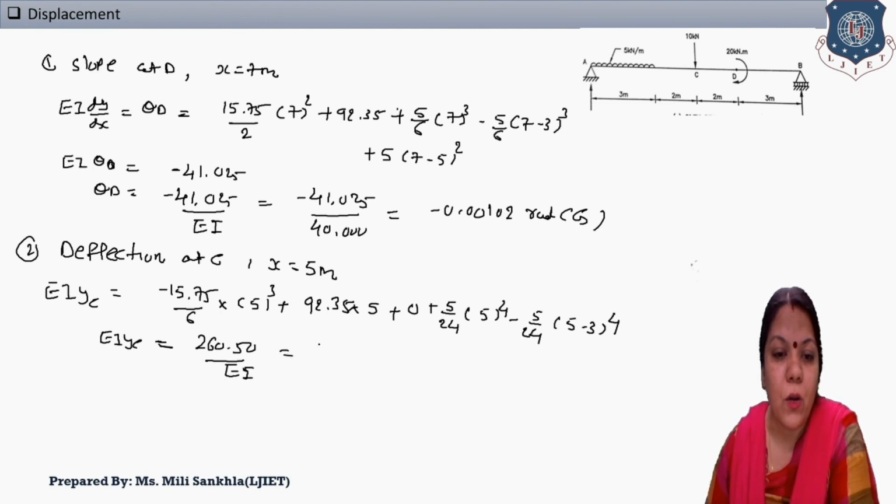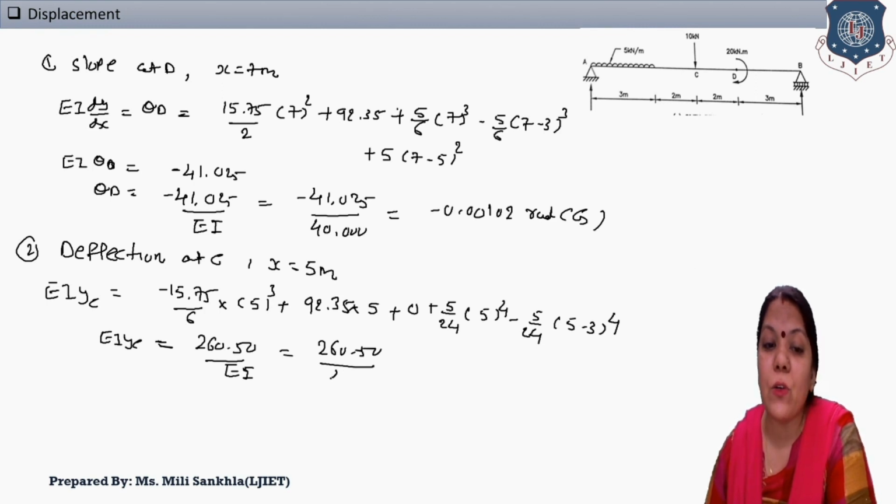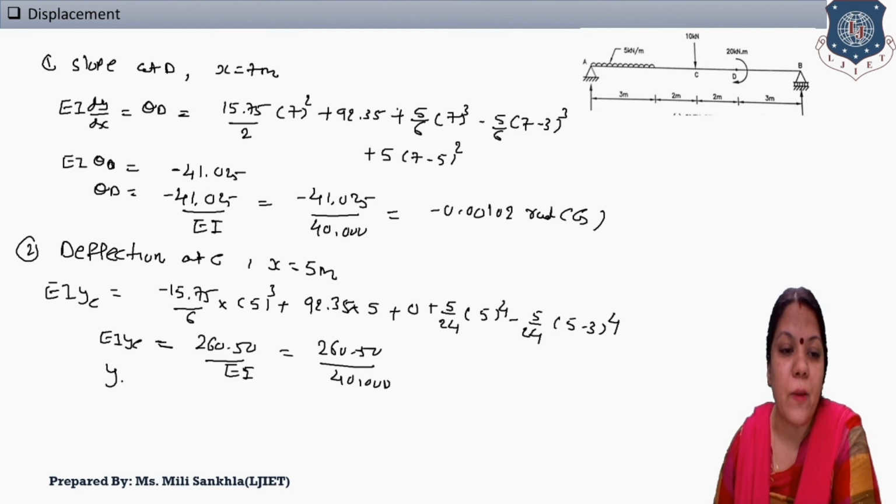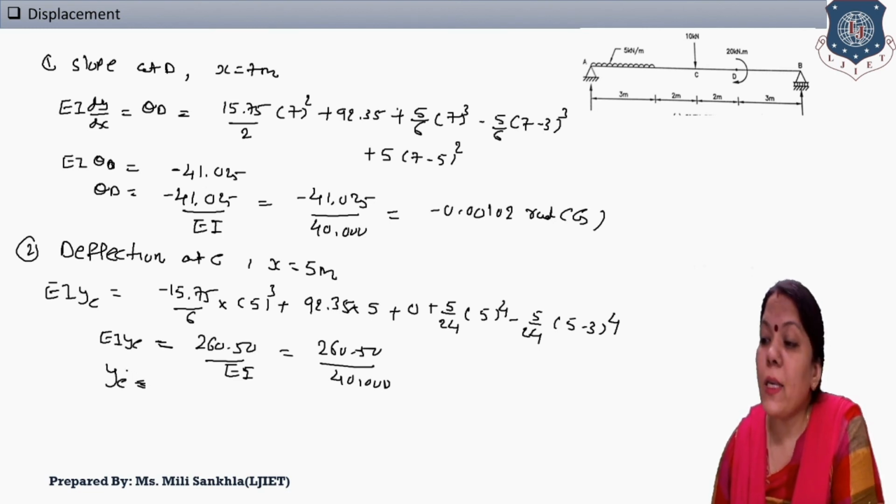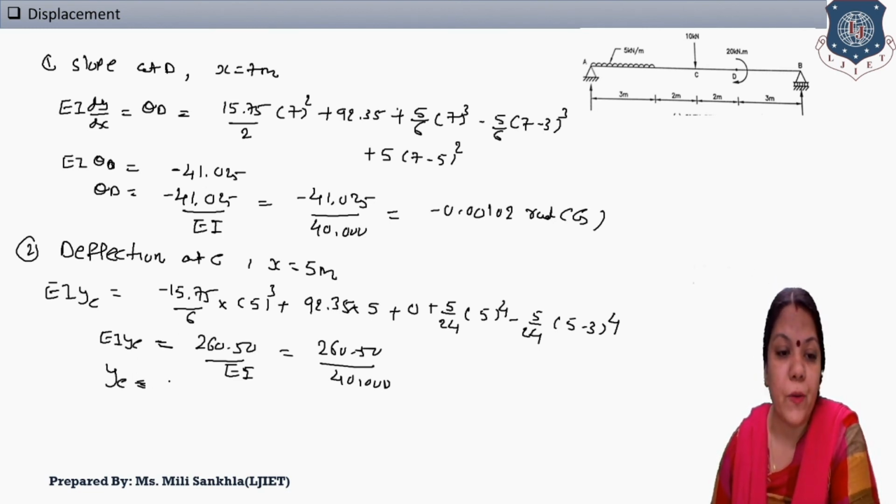Now 260.50 and EI is equal to 40,000, and what is the value of yC? yC is equal to 6.51 into 10 raised to minus 3 meter, and we can convert into mm also.